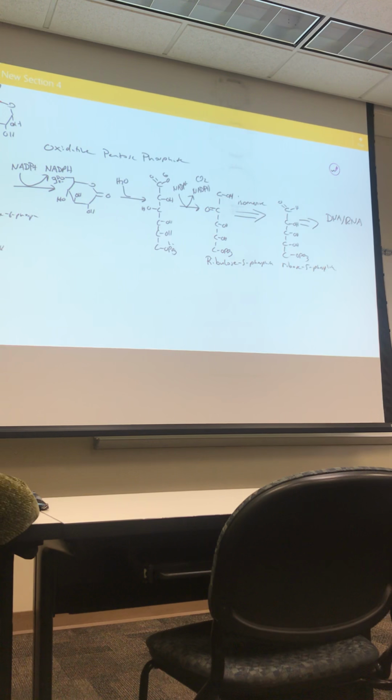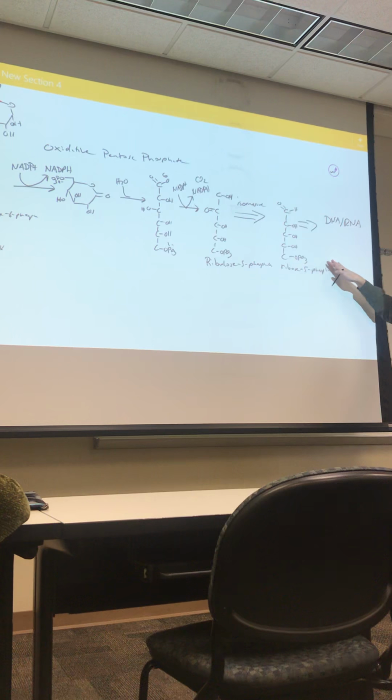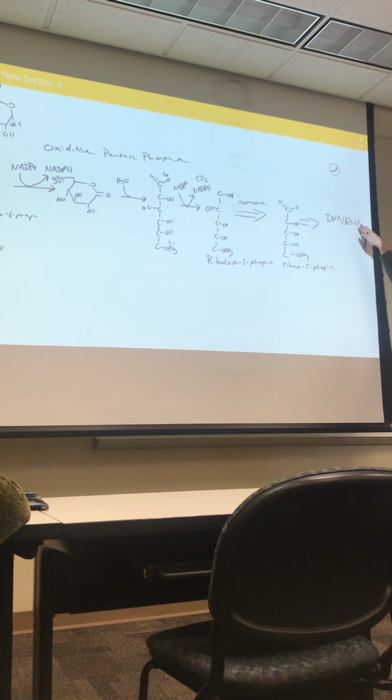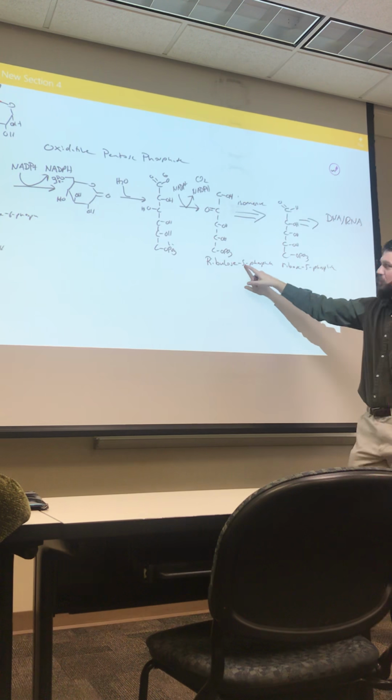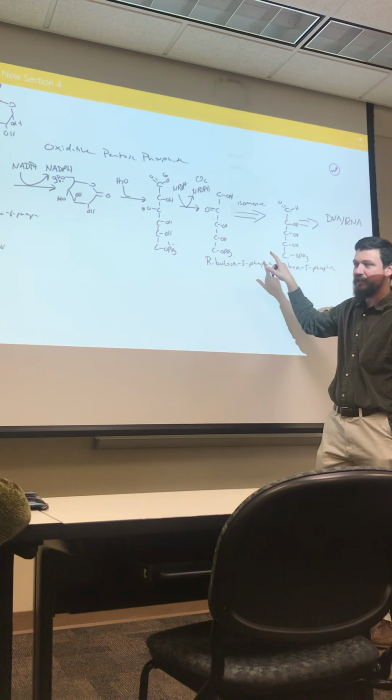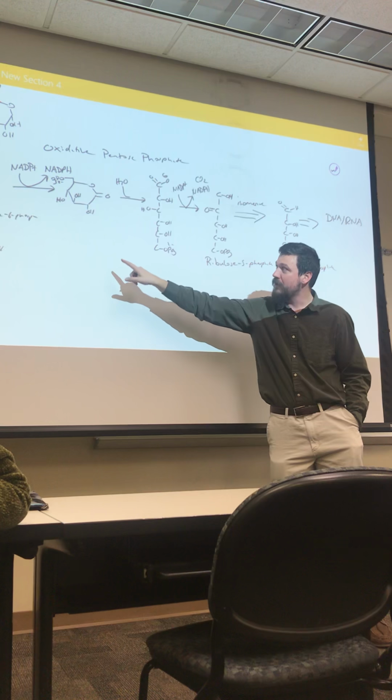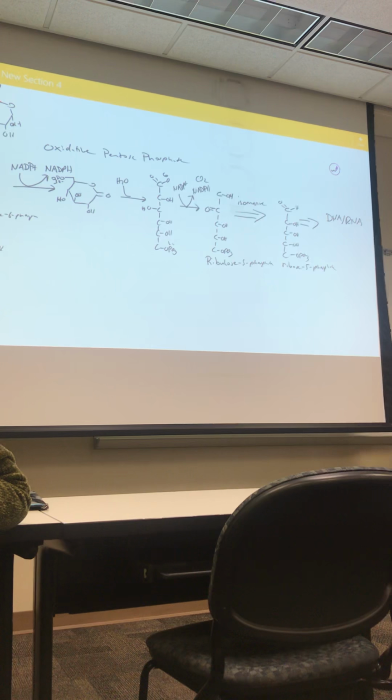Okay, so through the oxidative pathway, we can get ribulose, and we can either process it and send it this way to become ribose, which can eventually become DNA and RNA, or we can do a recycling process called the non-oxidative pathway that will recycle these 5 carbons of ribulose, and we will make 6 carbons.